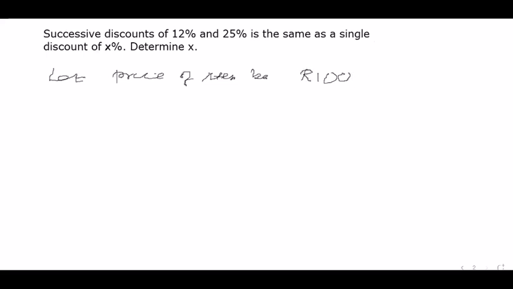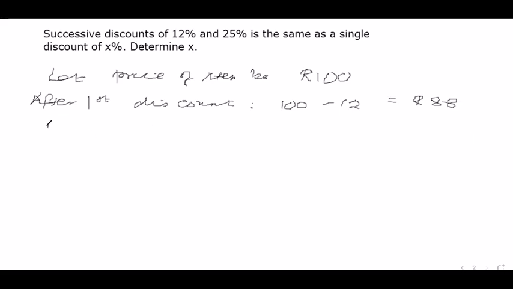Okay, so what does this mean? The first discount, after the first discount, 12% of 100 is 12 rands, right? That means you take away 12 rands, so you would have paid 88 rands. You got a 12% discount.